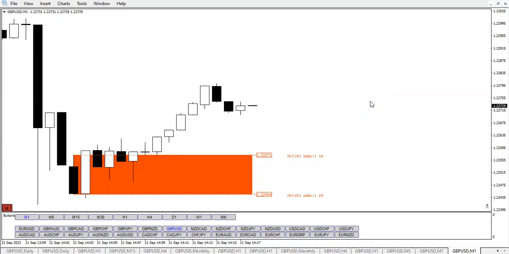So once again, it's a simple concept. Does it work every time? No. That's why we have to employ a stop loss. So right now, the way the order block traders would most likely trade it is they want to see it leave, return, and come back.